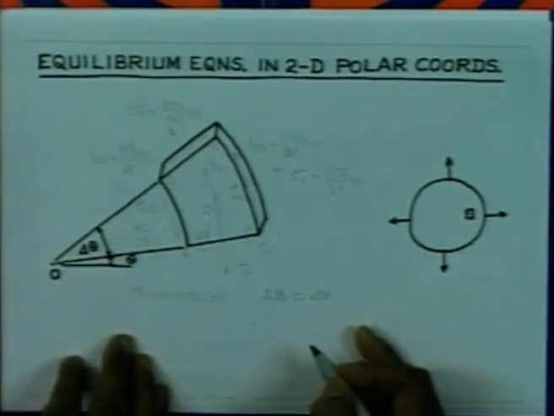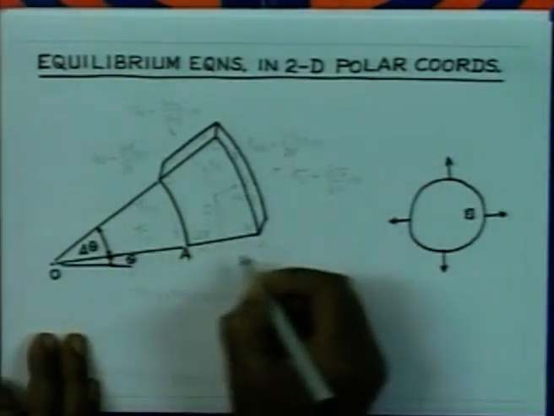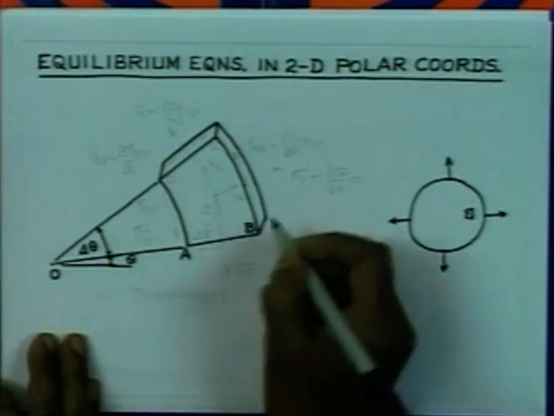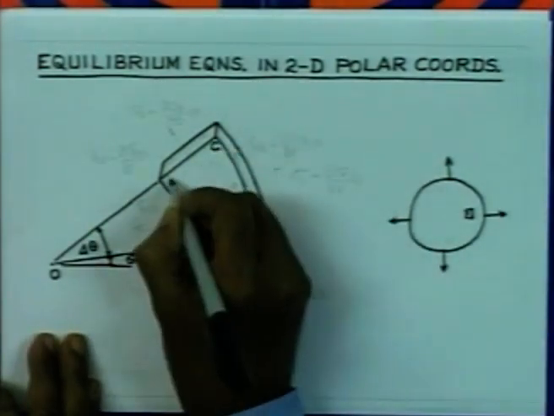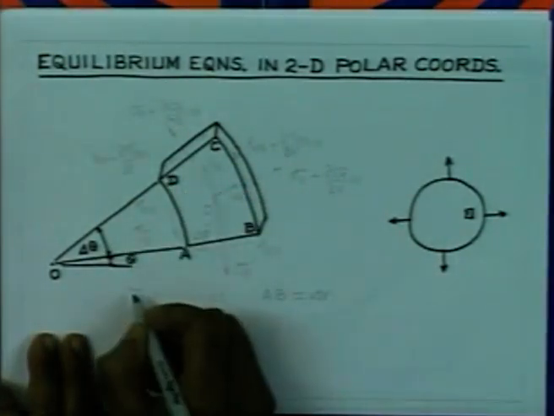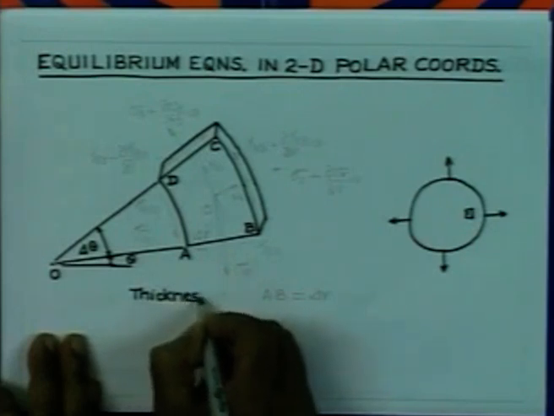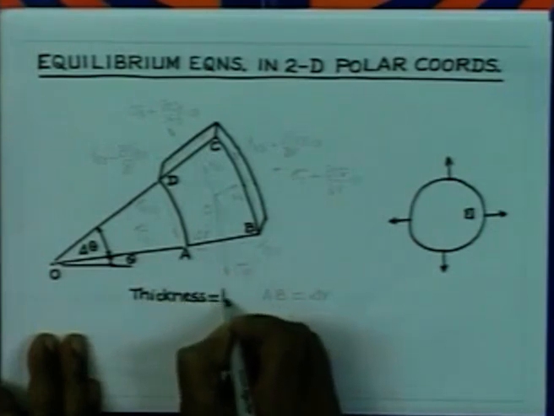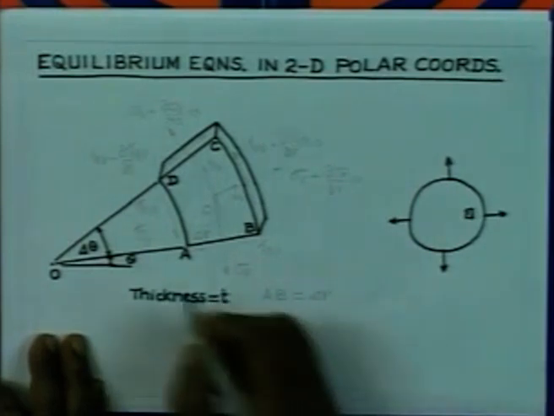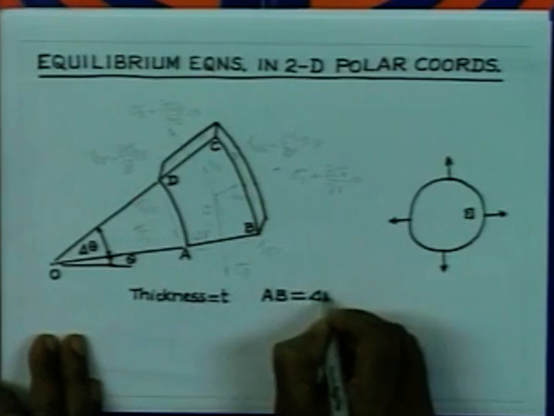Now, let the element be A, B, C, D. Let us again assume that the thickness is equal to T, which is uniform all over, and this distance AB is a very small distance represented by delta r.